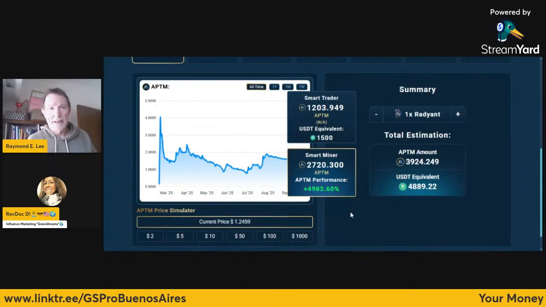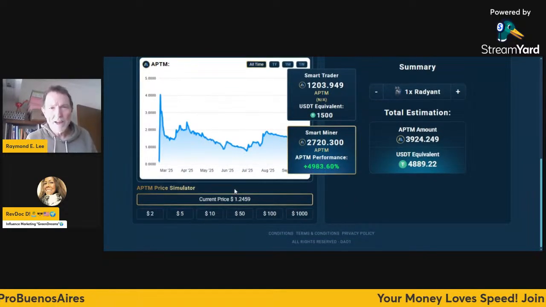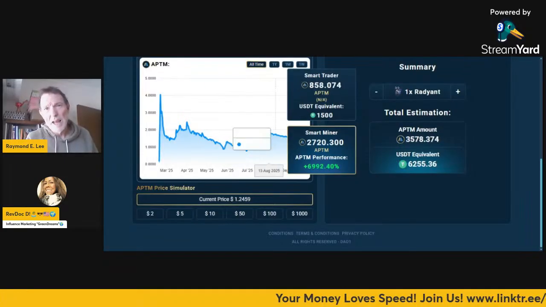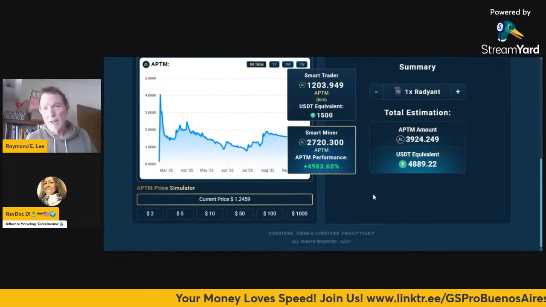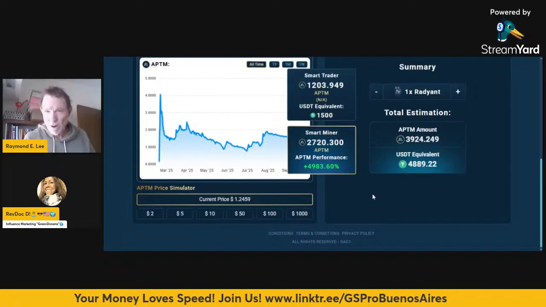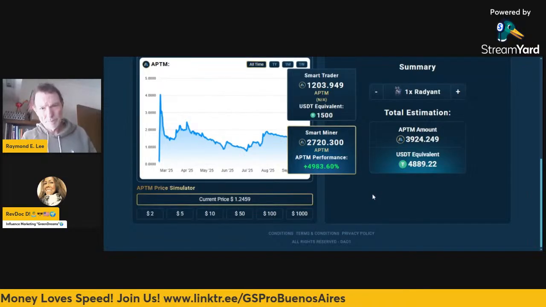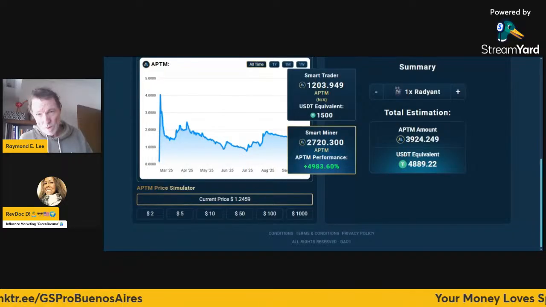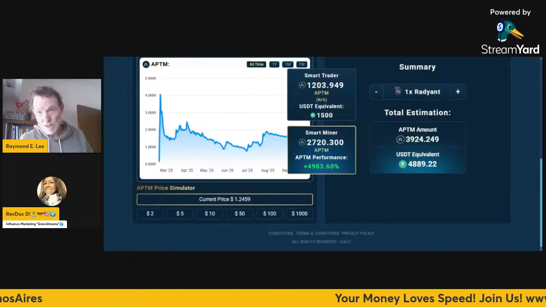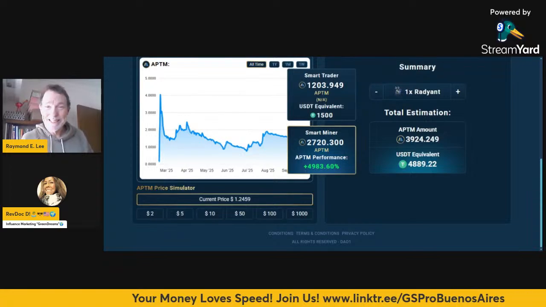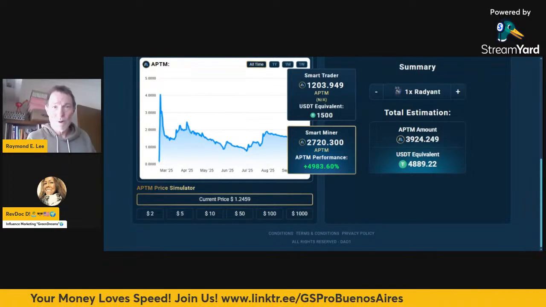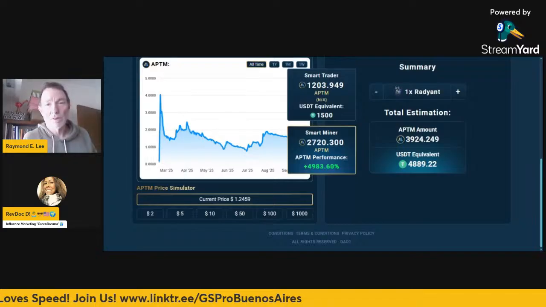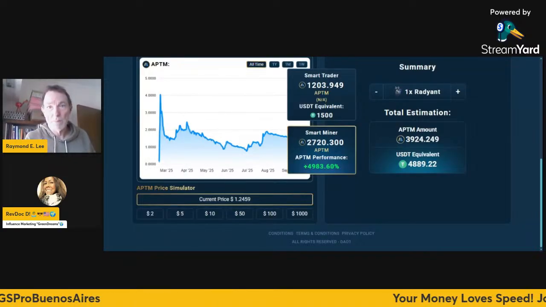At the current price, we would get the equivalent of 4,889 USDT from the mining when that mining bot completes.